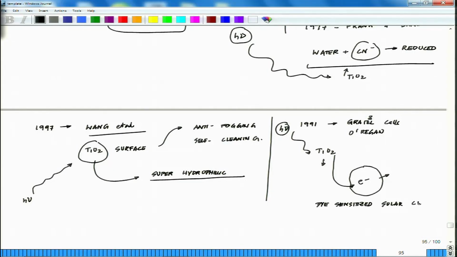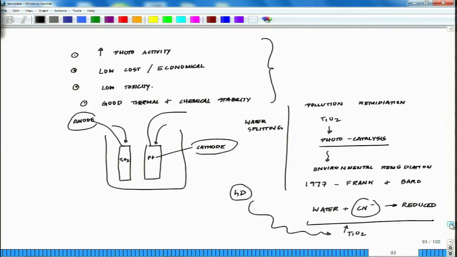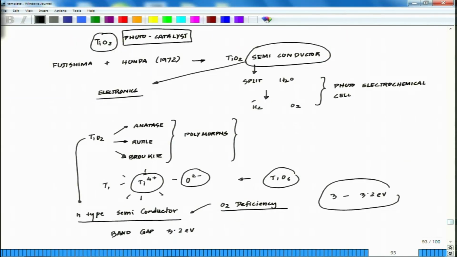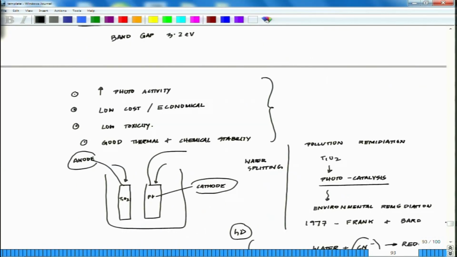These are the areas where a lot of research is happening all over the world. So, if you look at it, the same titanium dioxide is being used in a photoelectrochemical cell to split water. Technically you can use this for hydrogen energy. This could be used as a semiconductor material. Of course, there are issues which will come very soon.